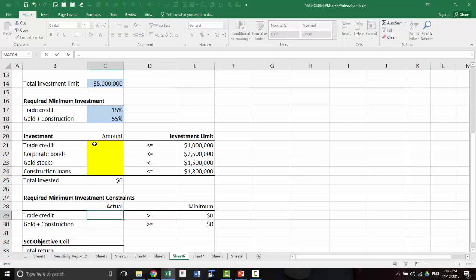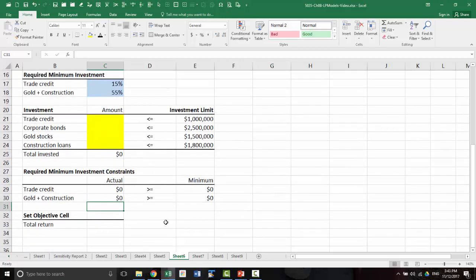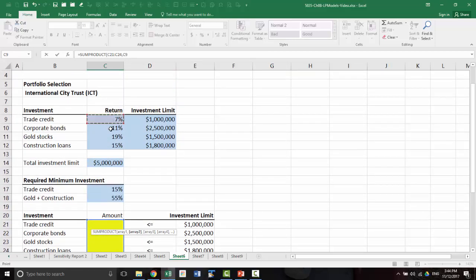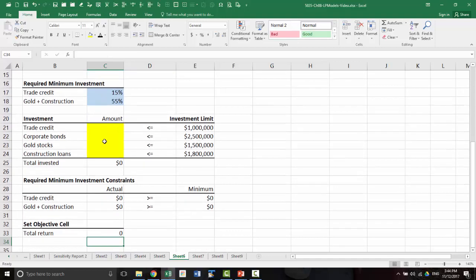The first actual is that trade credit must be greater than or equal to that amount. The next one is gold stocks plus construction, and that must be greater than or equal to that amount. The total return is the sum product of the dollar amount we invest and the percentage of return. Let's make that into currency. So now we have the model set up.